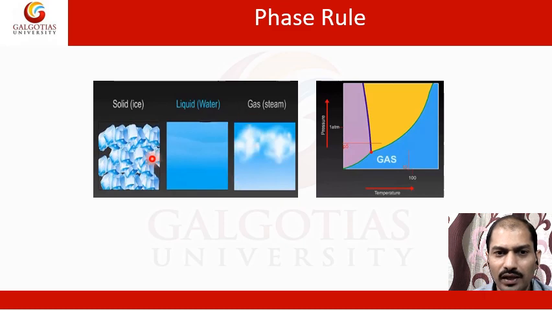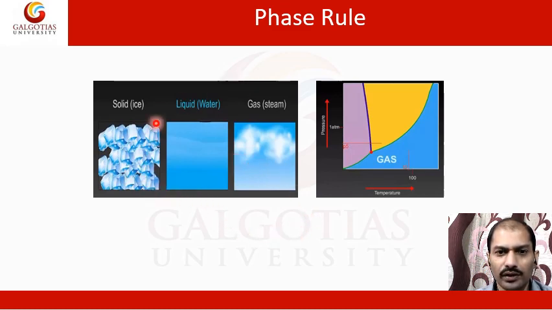It means at what pressure and what temperature the individual state of that particular matter is coming can be easily visualized with this pressure and temperature graph. So with respect to temperature and pressure, you can easily find out at what particular pressure and temperature is required to reach this specific transition from one particular phase to another phase.